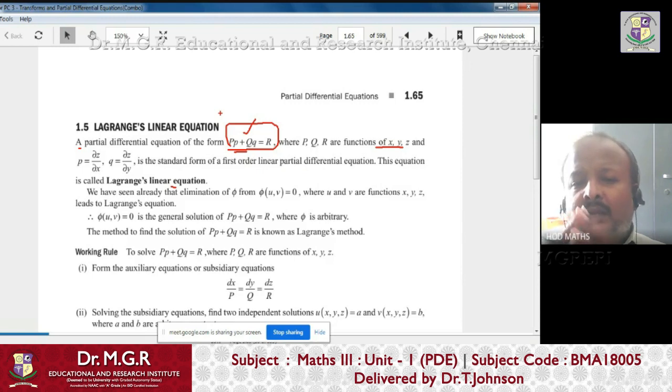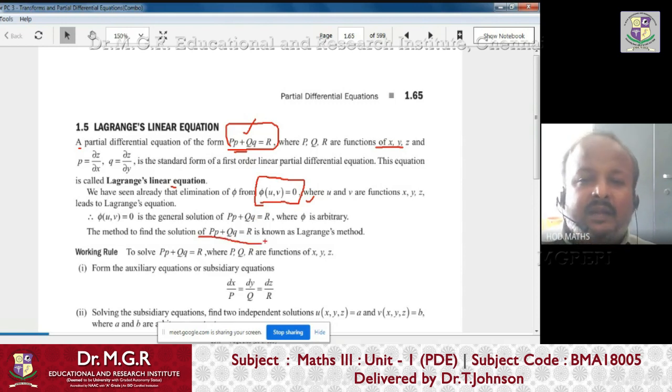And I already taught you this when we formed the PDE for this type of equation. Whenever we have an equation with an unknown function, we form a PDE by eliminating the arbitrary function, and we end up with this type of PDE.